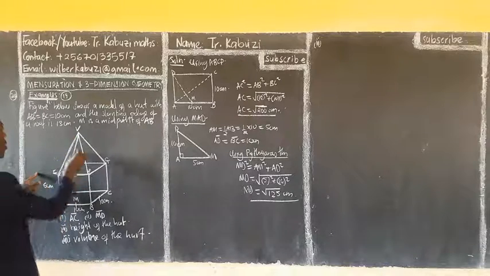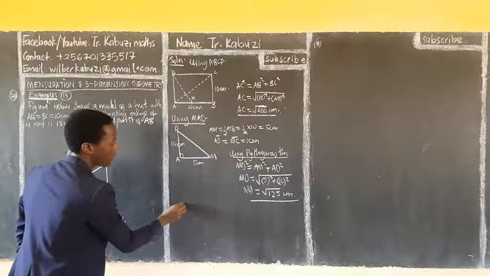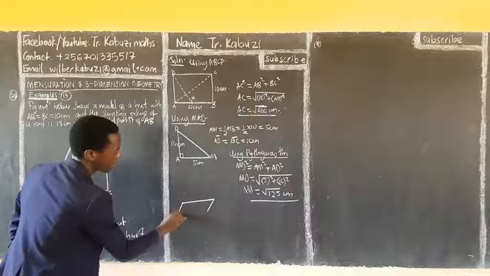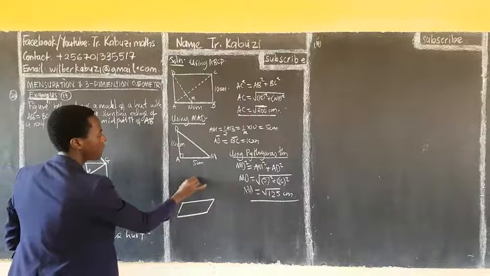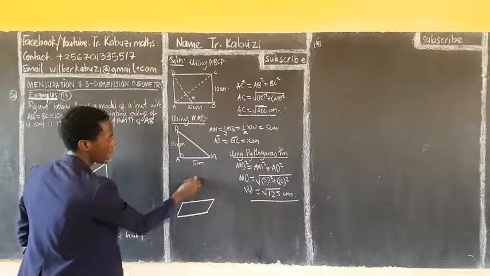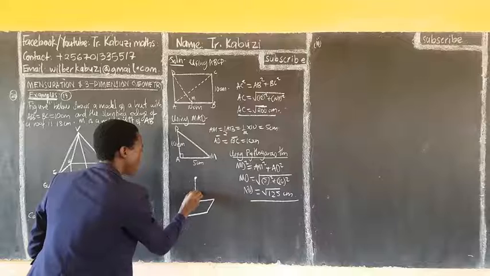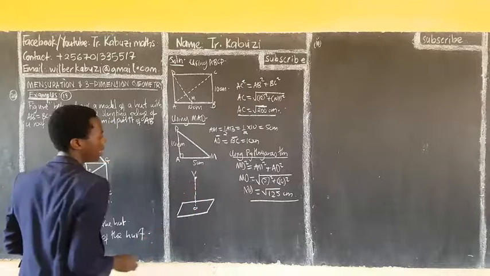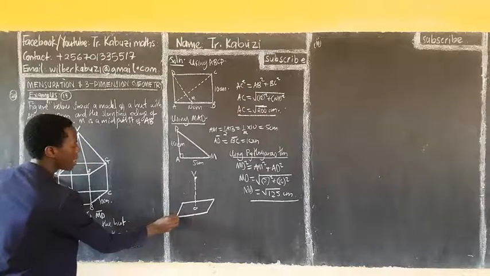If I draw that pyramid at the top, if this is my vertex V, starting down from here, I want to get this height here. Look at this property.